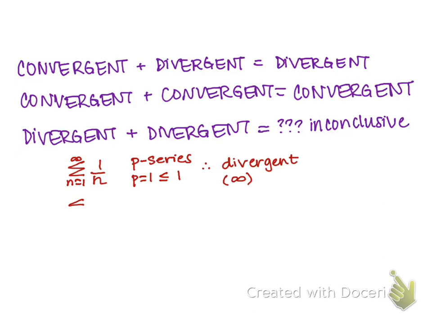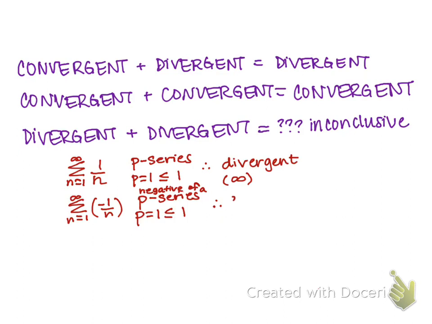If I took another series, n equals 1 to infinity, let's say I did negative 1 over n. Well, this is the negative of a p series with p equal to 1, which is less than or equal to 1.